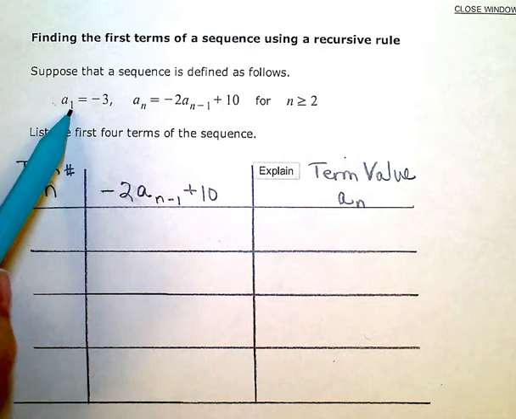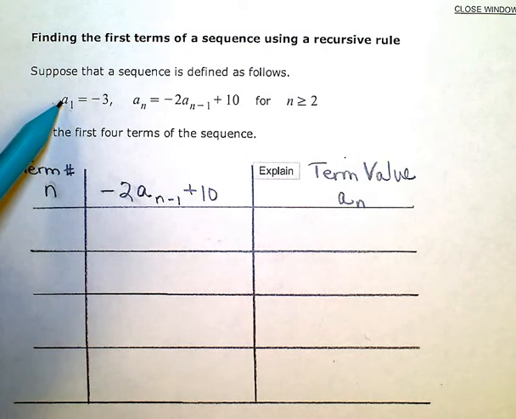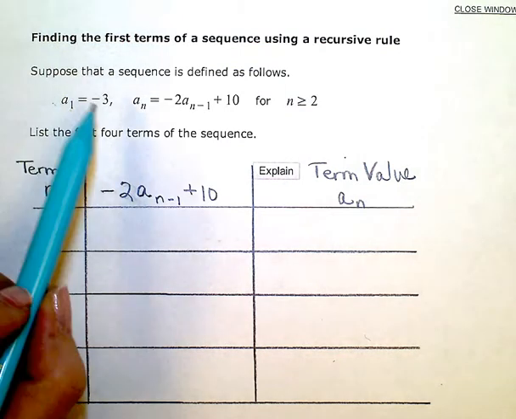Instead of writing it to the top right of the base, we're writing it to the bottom right, okay? So A sub 1, or in other words, the value of the first term in my sequence is -3, okay?